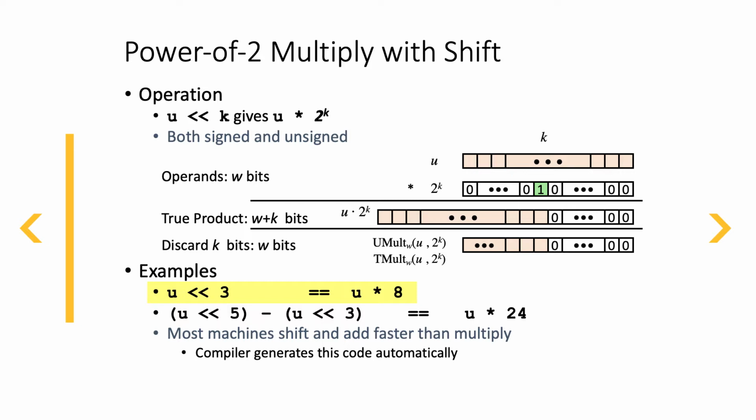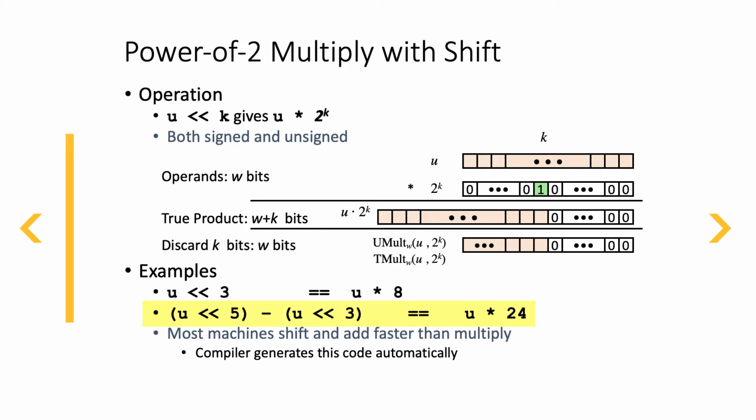I can even combine shifts and adds or subtracts to multiply by values that aren't actually powers of 2. So I can do u left shifted by 5, right? That's going to give me 2 to the 5th, 32, minus u left shifted by 3, which is u times 8, right? So 32u minus 8u ends up being 24u.